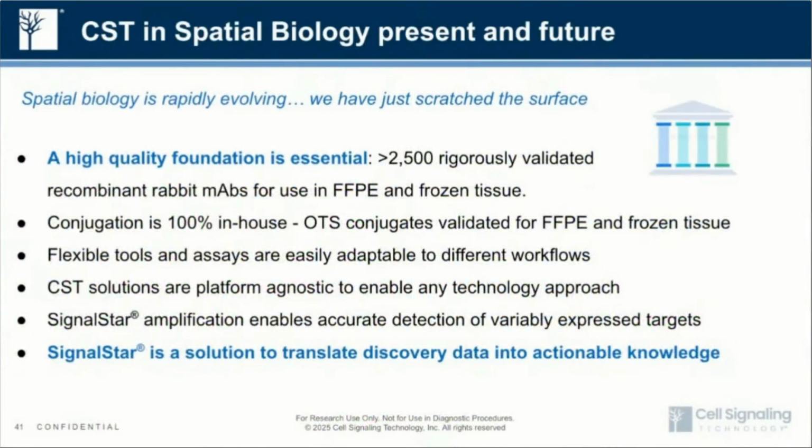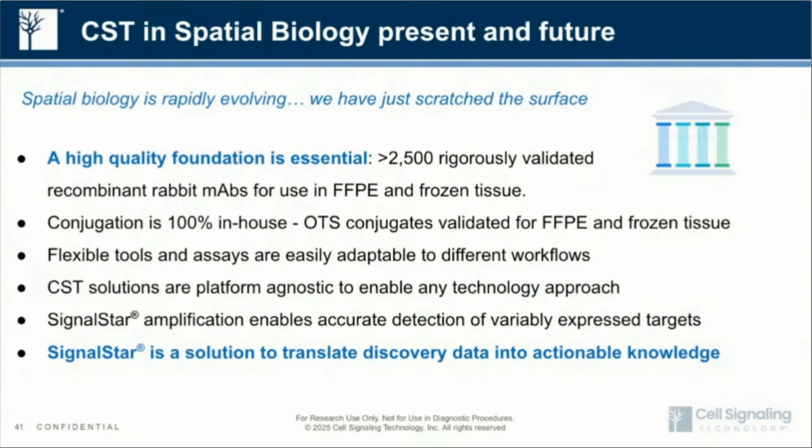Lastly, CST is very excited to offer solutions in spatial biology and drive science forward. We understand that spatial biology is rapidly evolving, and we have just scratched the surface. The foundation of all of these spatial proteomics capabilities and assays is a high quality antibody.